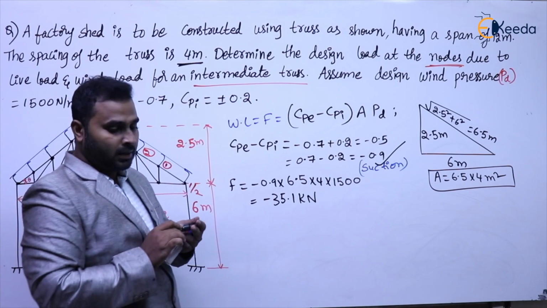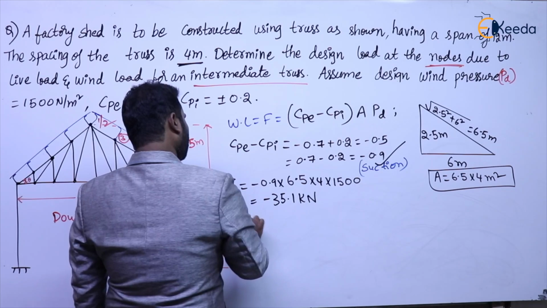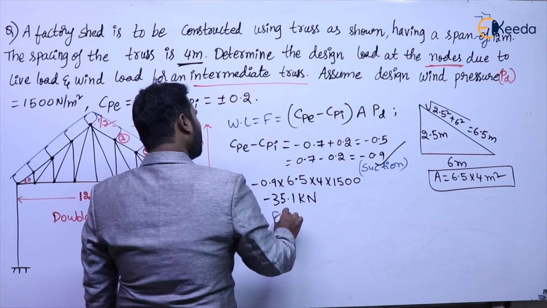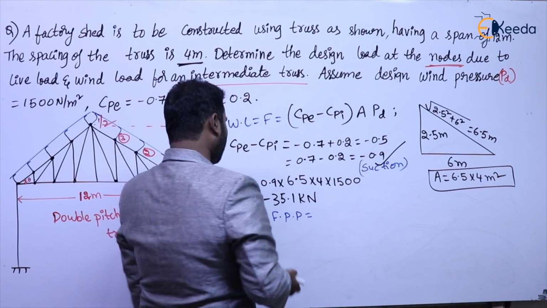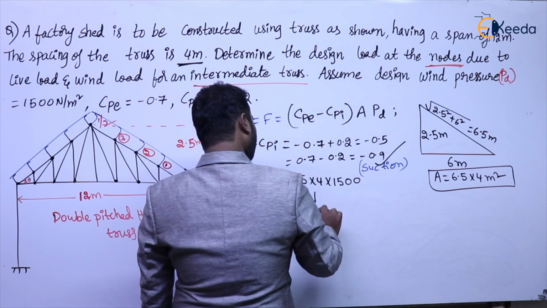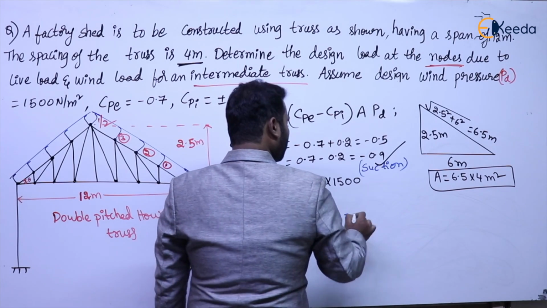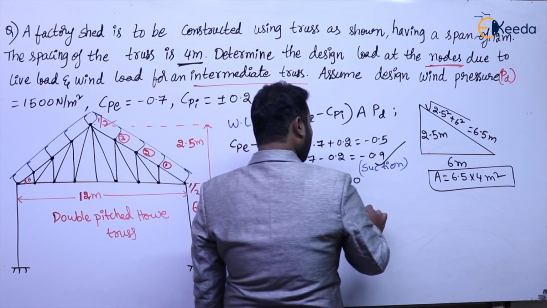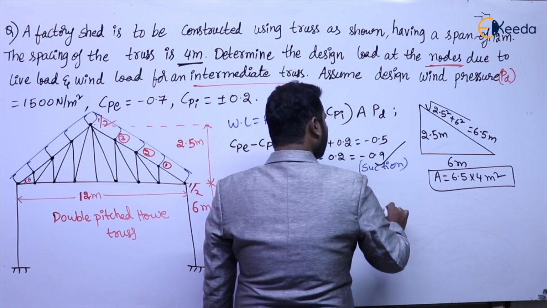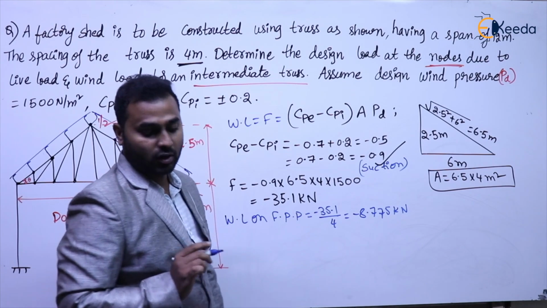Keep that in mind. Now, this wind load WL on FPP means full panel point. Already we have discussed what is full panel point and what is end panel point. So this comes out to be minus 35.1 by 4, which is minus 8.775 kilonewton.